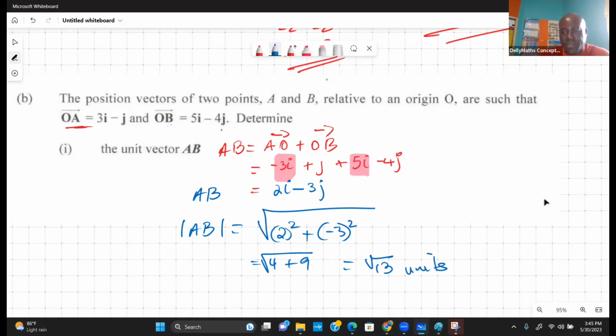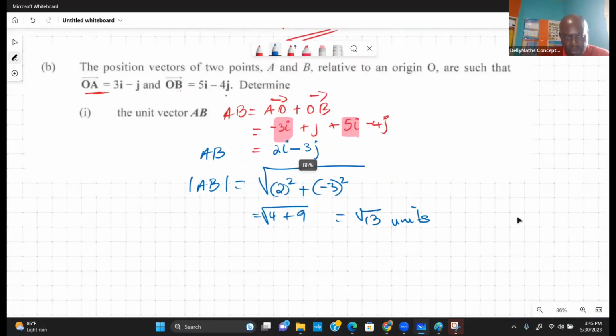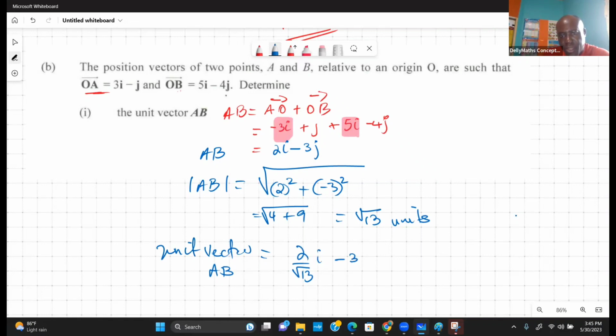So then at the end of the day, the unit vector AB is going to equal 2 over the root of 13 i minus 3 over the root of 13 j. There it is, our unit vector.